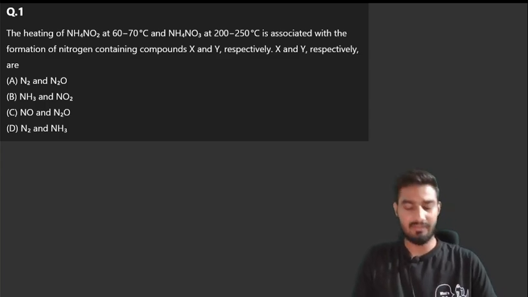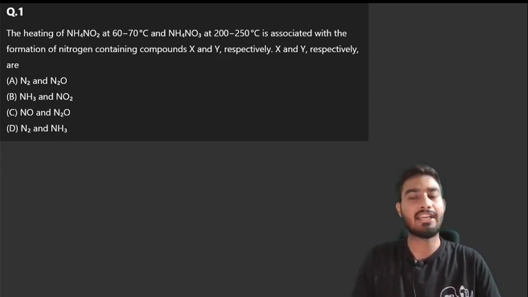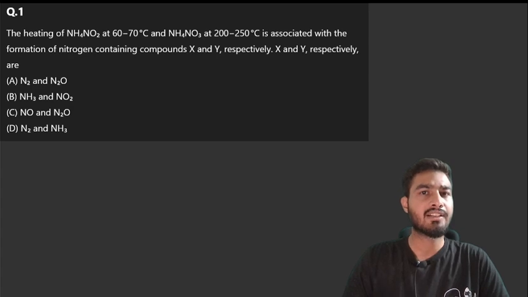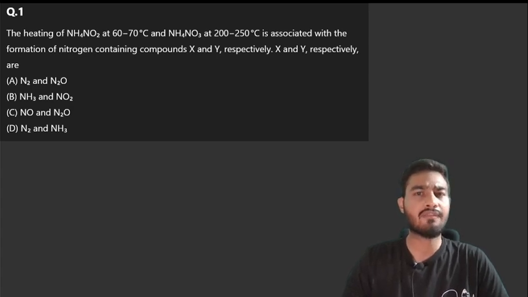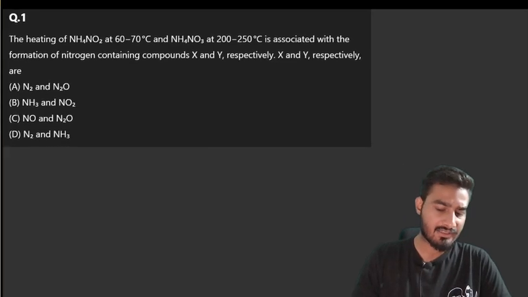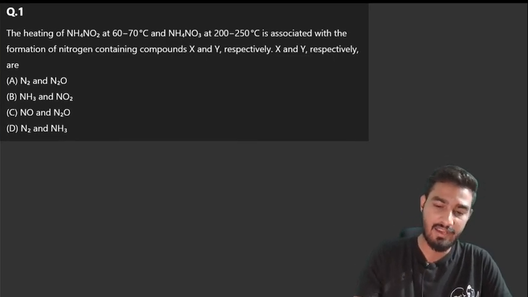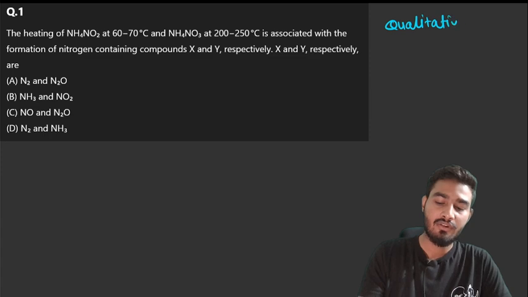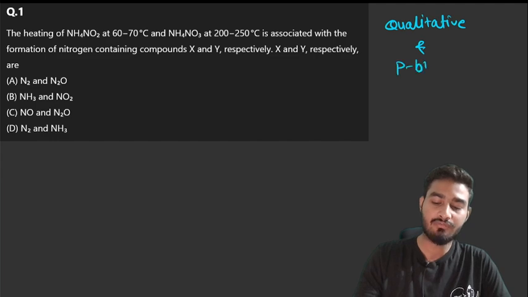We do these reactions in qualitative analysis, and in the P block, nitrogen family, we have also written this type of reaction. So if I want to categorize where it is asked from, I will write qualitative analysis, or P block nitrogen family.